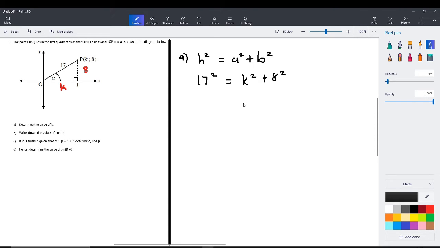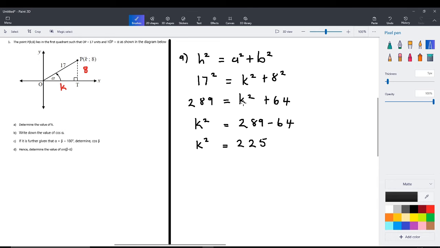We simplify this. 17 squared is equal to 289, and this is equal to k squared plus 64. We make k squared the subject of the formula, so k squared will be equal to 289 minus 64. This is equal to 225.